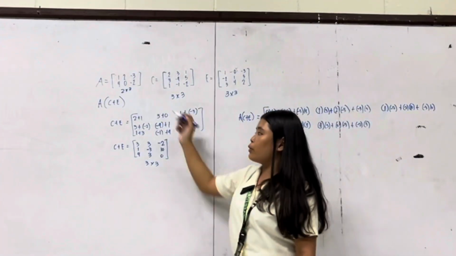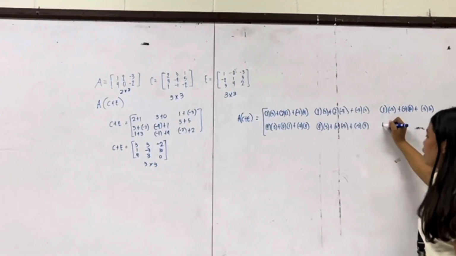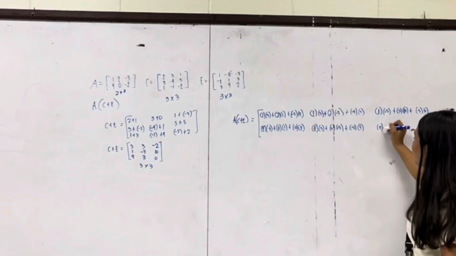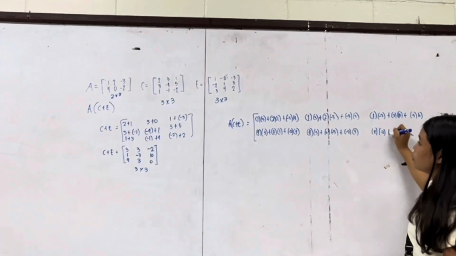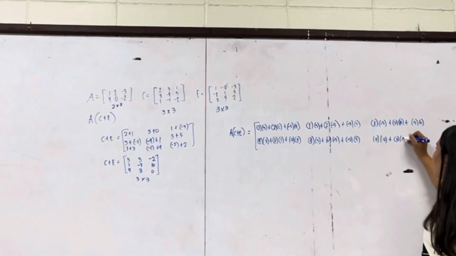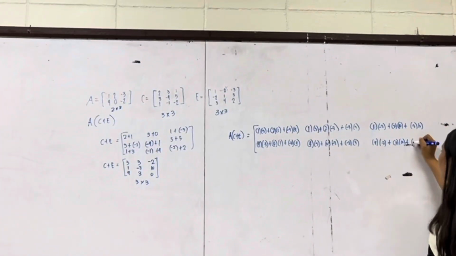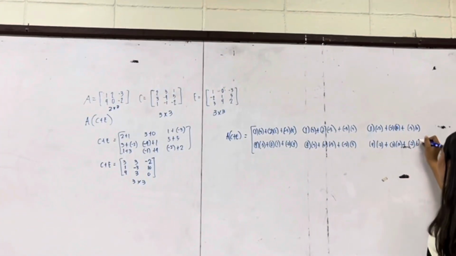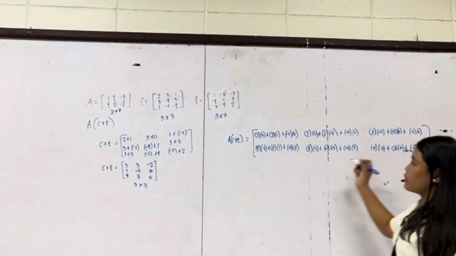Plus row 2 to column 3: we have 4 times negative 2 plus 0 times 10 and negative 2 times 0. So we can multiply that.